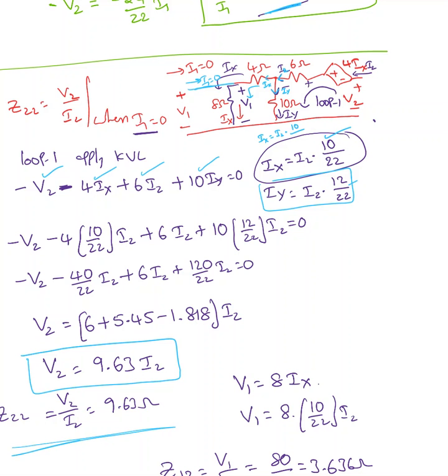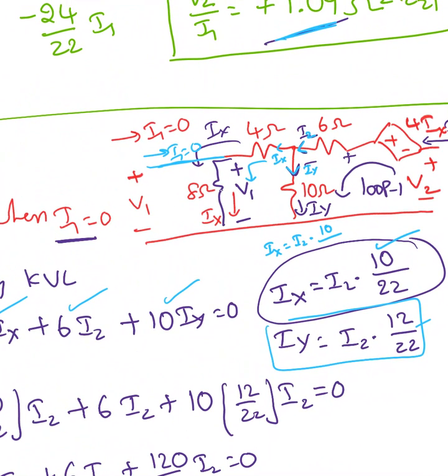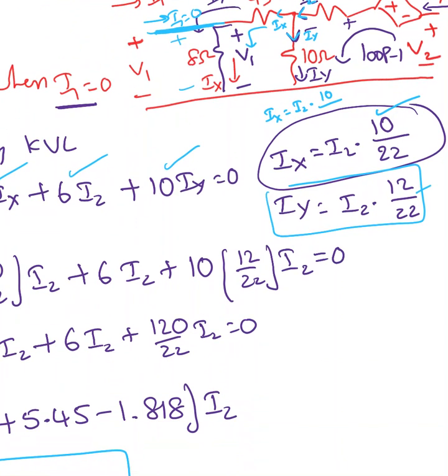Now the last parameter, I need to find the relation between V1 and I2. I can clearly see from the circuit V1 equal to 8 times Ix. Since there is no resistance here, there is no voltage drop and no current passing through it. The voltage across the 8 ohms must be V1.